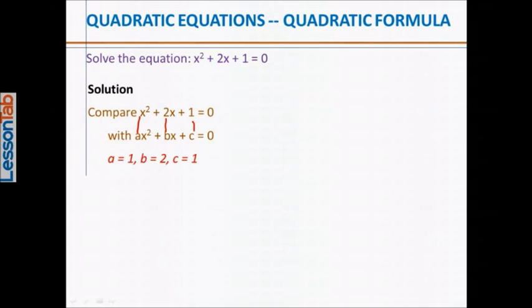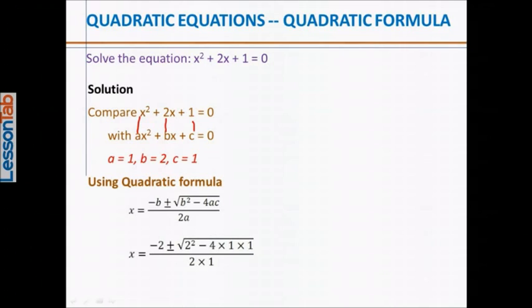Alright, now with that, we can now begin to use the quadratic formula. Again, remember, you need to commit this formula to memory. We now substitute the value of b into this equation, we substitute the value of b squared into that, we substitute the value of a into this, and then we substitute the value of c into that, and then divide that by 2a.